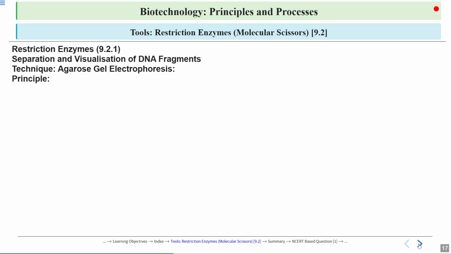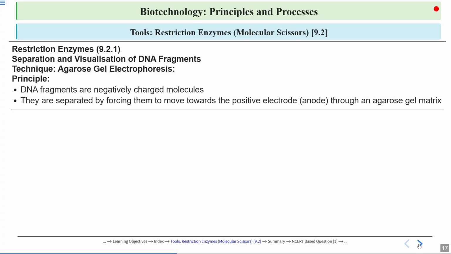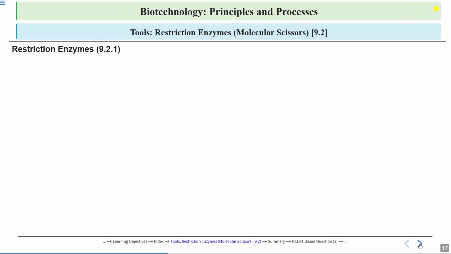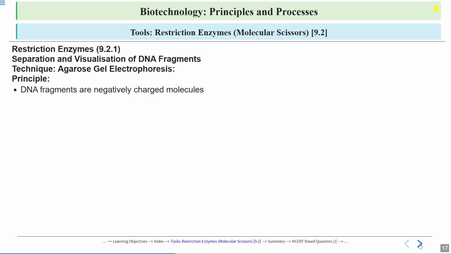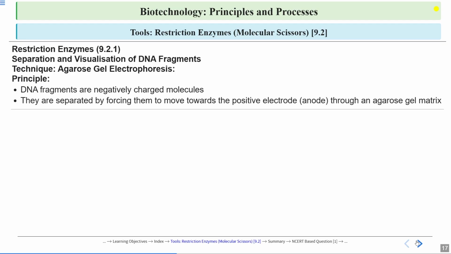So what happens in agarose gel electrophoresis? First of all, we know that DNA is a negatively charged molecule. Why is it negatively charged? Because DNA has the phosphate group. Now, because it is negatively charged, we make it move towards the positive electrode, that is the anode, through an agarose gel matrix.